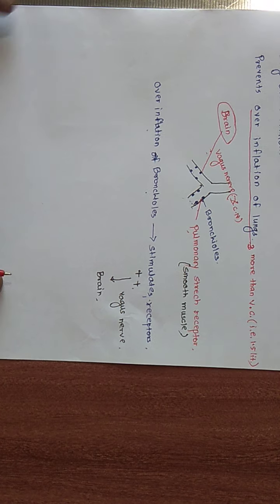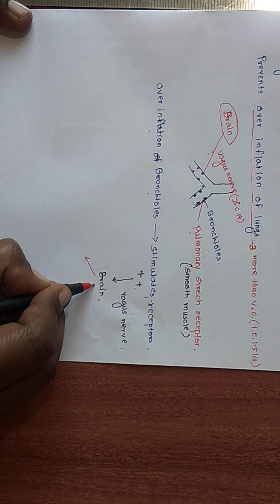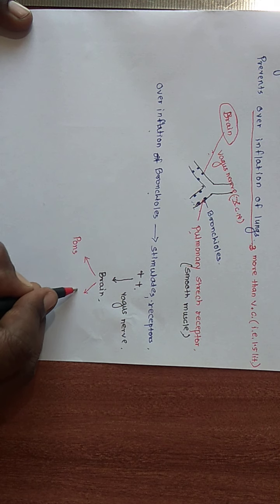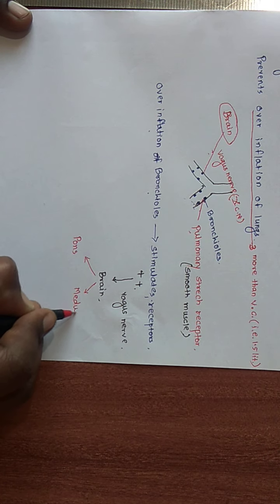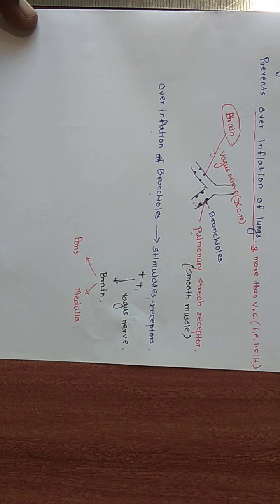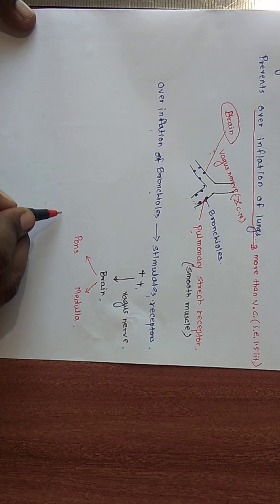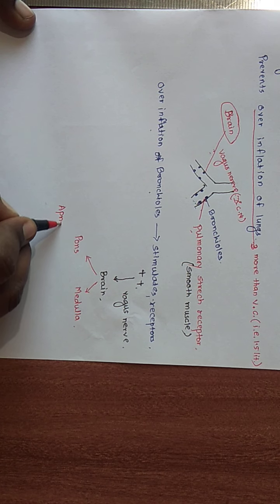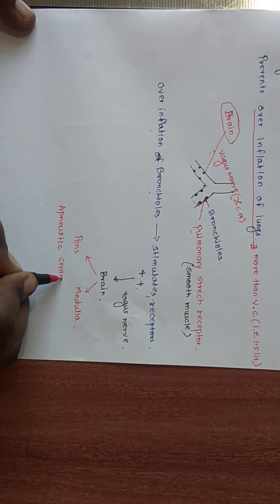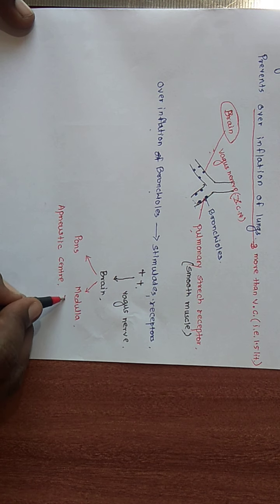So in the brain, there are especially the pons and medulla oblongata. The pons has the apneustic center, and the medulla has the inspiratory center.